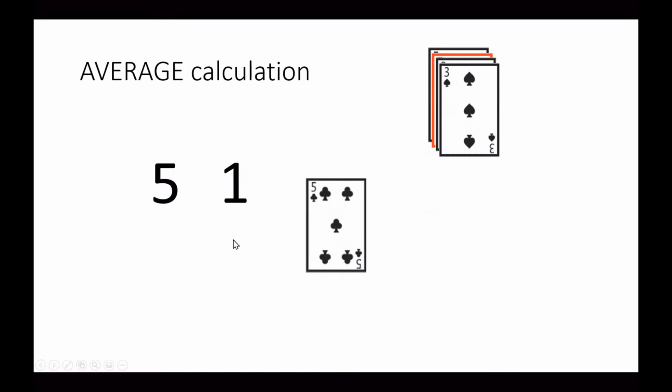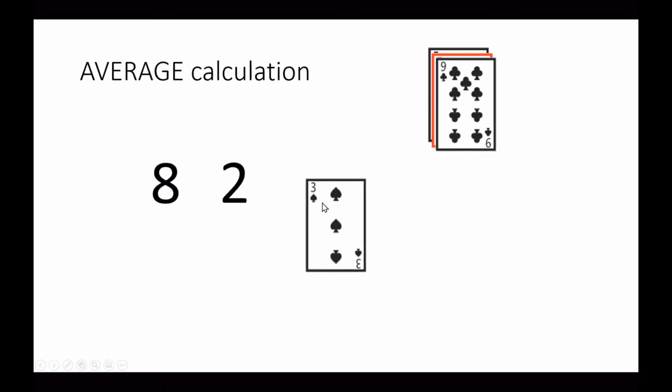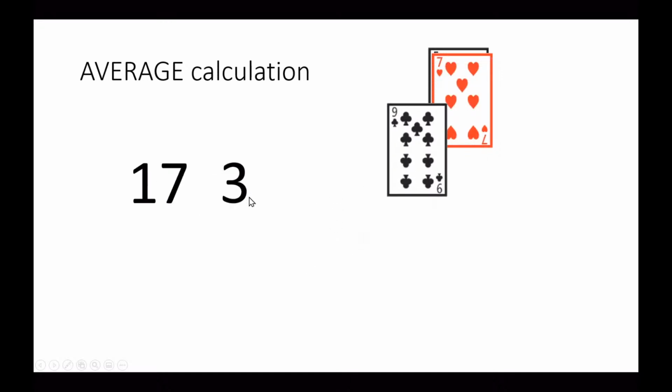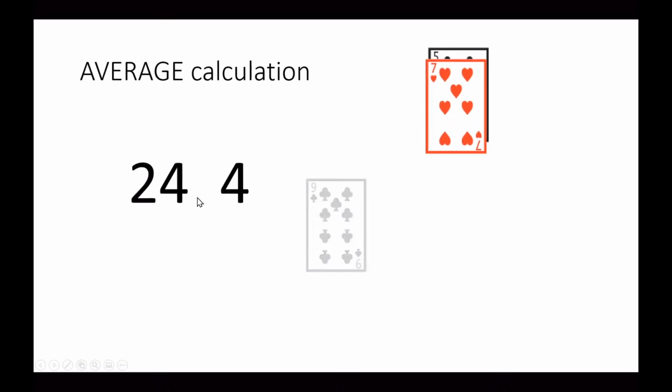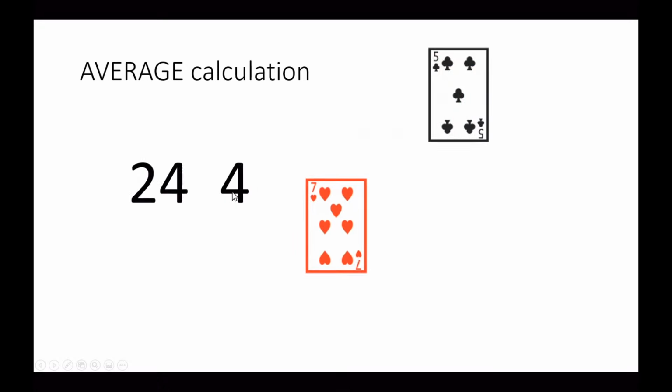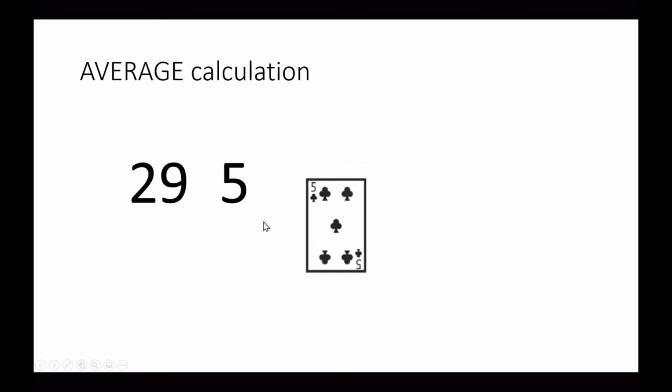So let's now click on the next card, which is a 3. The first value here on the left, we're going to increment by 3, and that's now 8. The value on the right is our card counter. So let's flick through these again. 17 divided by 3 is our average. 24 divided by 4 is our average. And finally, 29 divided by 5 is our average.